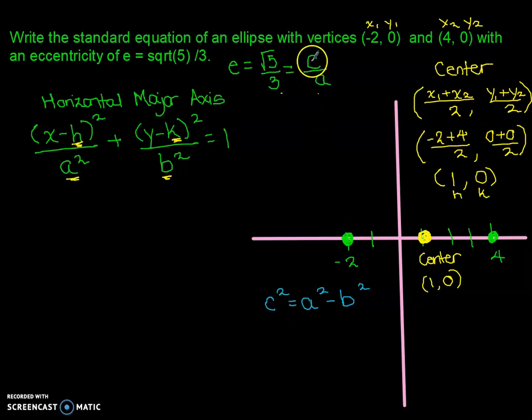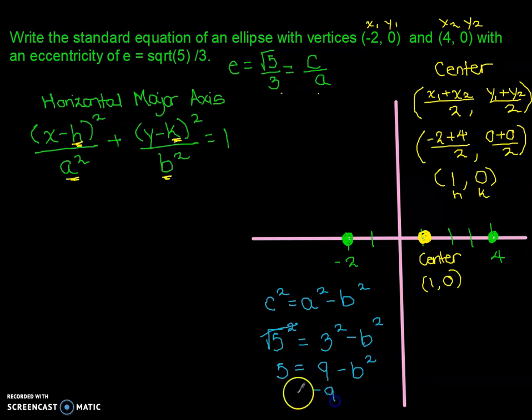From here, we know that c is square root of 5. So square root of 5 squared equals a squared, I know a is 3, 3 squared minus b squared. The square root and square get rid of each other, leaving you with just 5 equals 9 minus b squared.